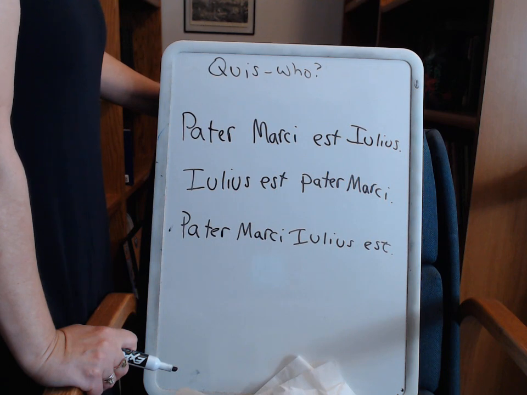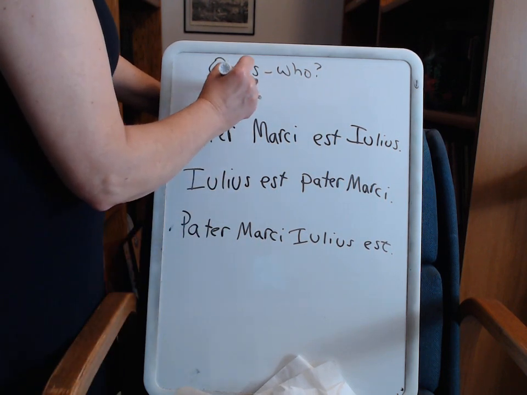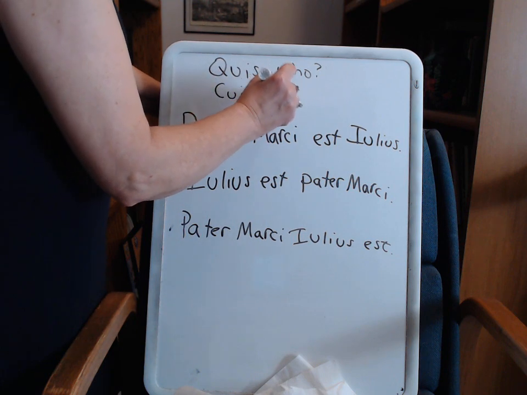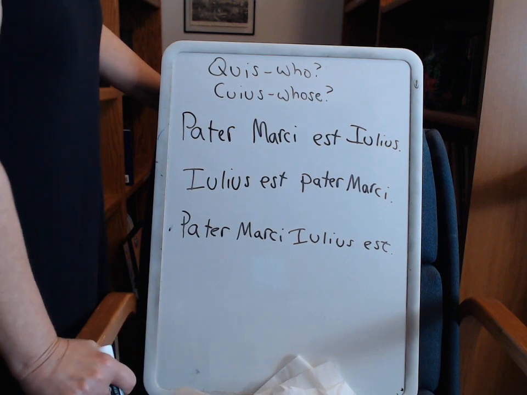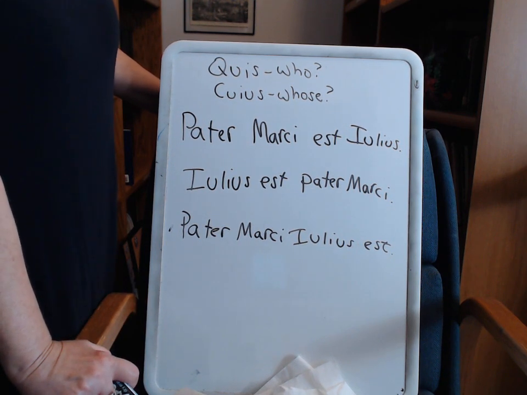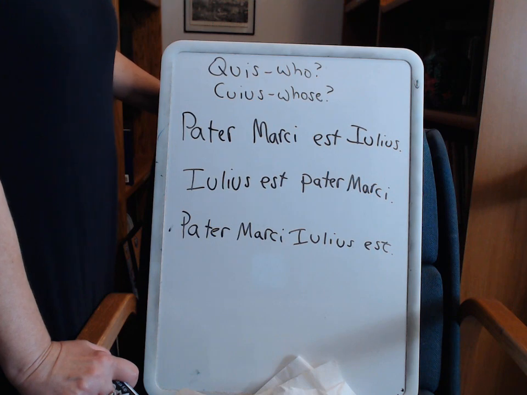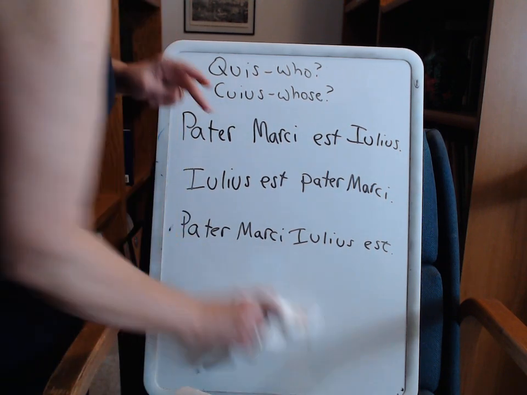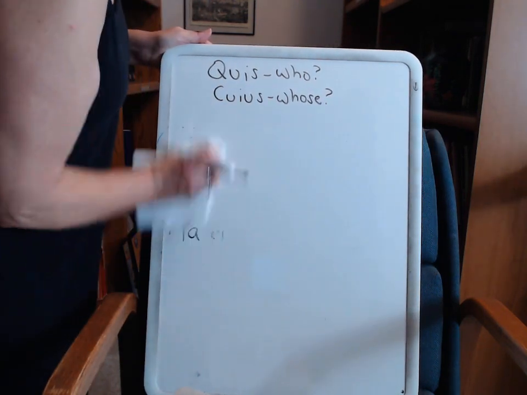Julius est pater Marci. Cuius pater est Julius? Marci. Whose father is Julius? Marcus's. Marci. See? All right, let's do another one. I'm going to leave those question words up there, and we're going to ask them every single time.